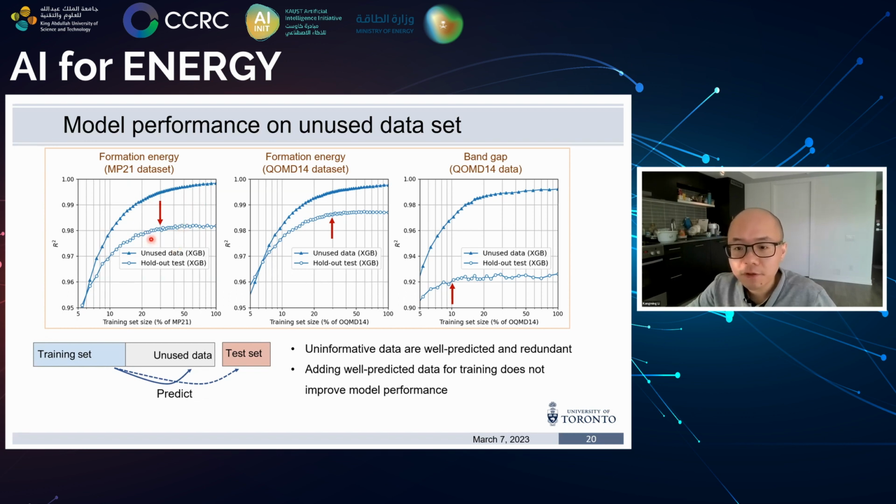For example, for the formation energy prediction in MP21, the model trained on 30% of the data can predict the unused data, namely the other 70% of the data, very well with an R2 score of 0.995. This means that the removed data are actually the data that are well predicted by the model, and therefore they are indeed redundant.